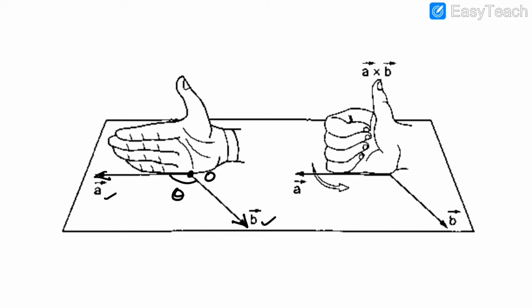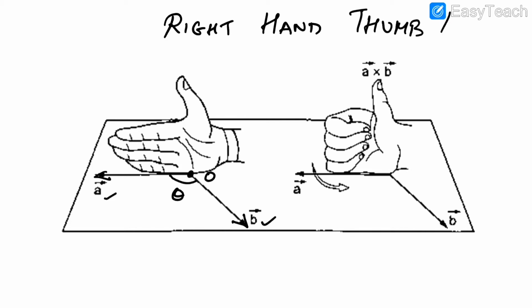What is the direction of this n cap? The direction of n cap will be given by the right hand thumb rule. Always remember this. From the meeting point of the two tails, that is O, you place your hand pointed in the direction of A vector.